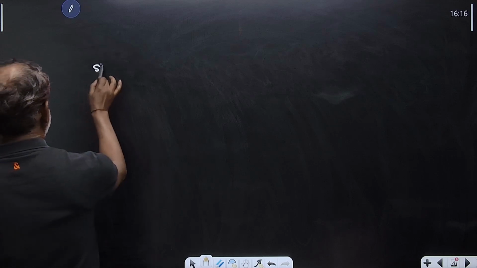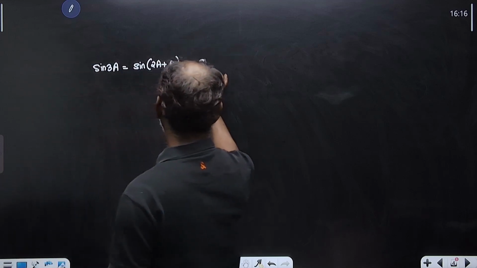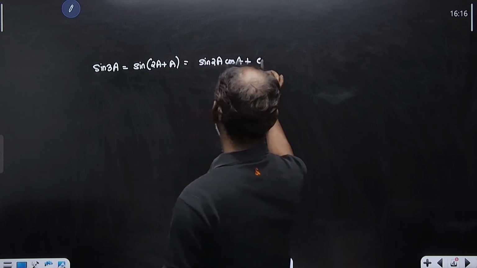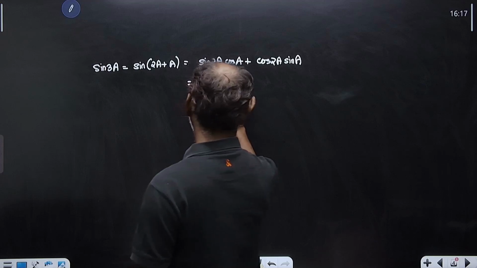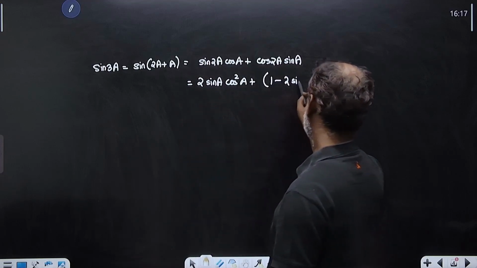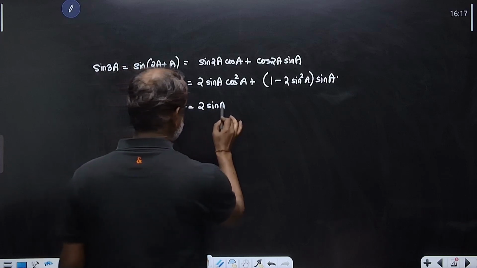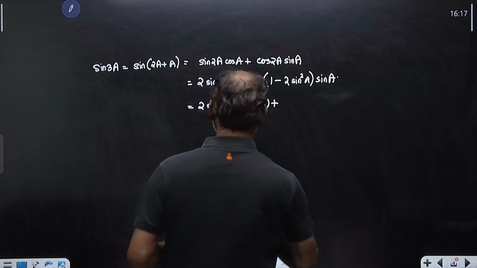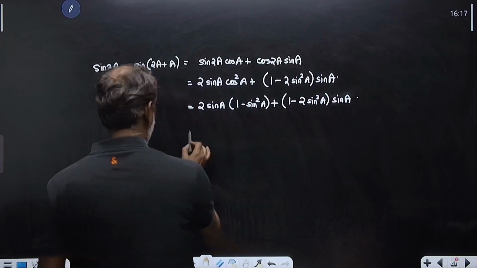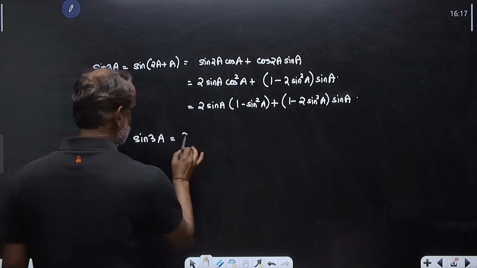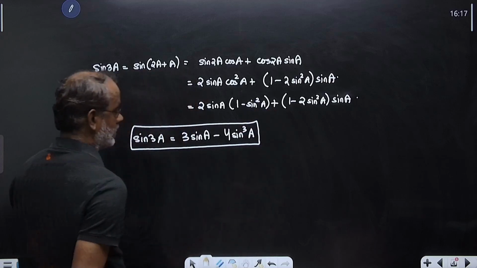Sin 3A is sine 2A plus A. This is sine 2A cos A plus cos 2A sin A. So 2 sine A cos A... so what we have is sine 3A is 3 sine A minus 4 sine cube A.